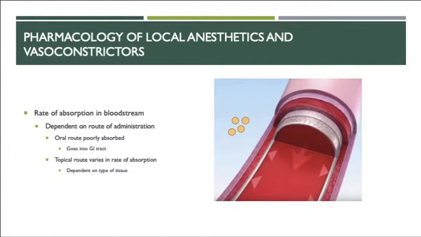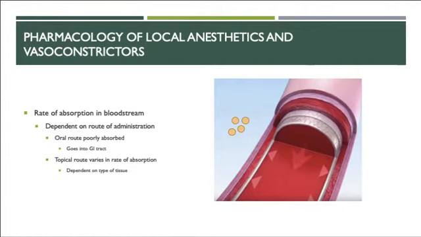Where was I? So the oral route, again, except for cocaine, of course, is really poorly absorbed. In addition, most of these undergo a hepatic first pass effect after oral administration.